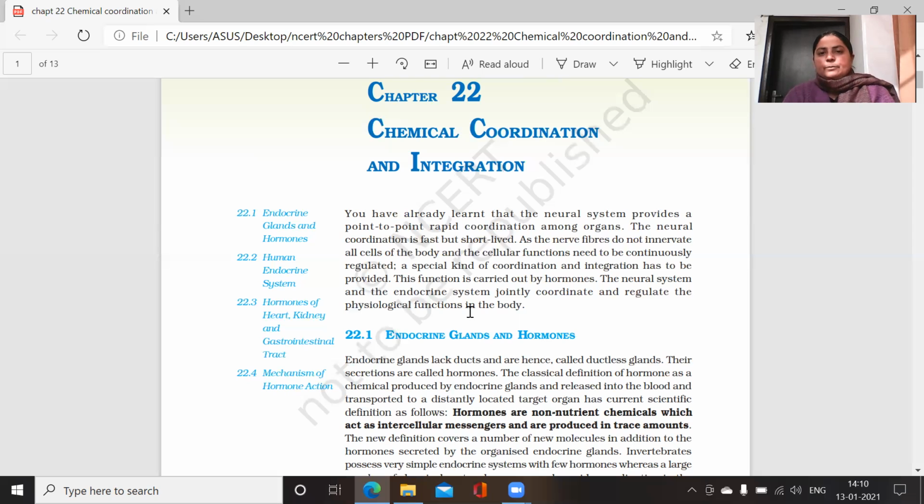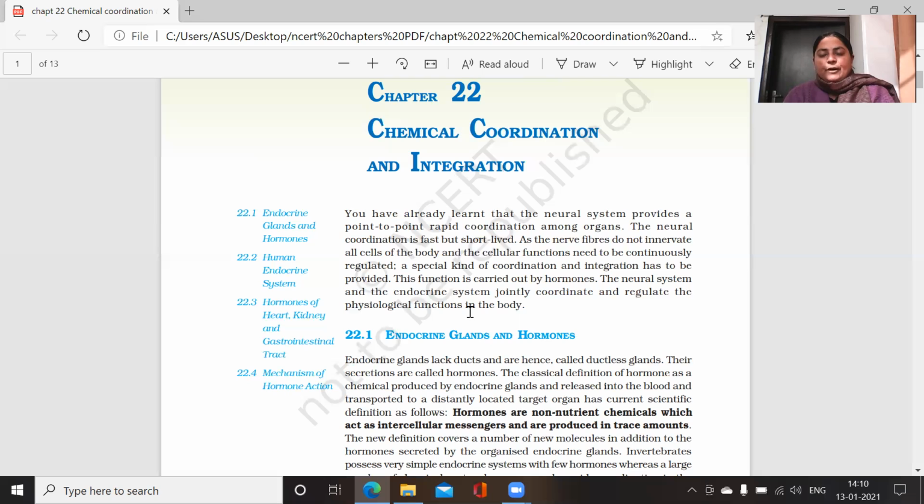The nervous system has nerve fibers, and these nerve fibers are involved in the transmission of messages from one body part to another, as well as to the central nervous system, which includes the brain and the spinal cord.